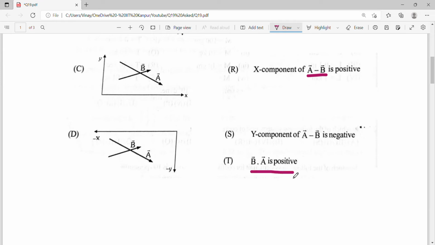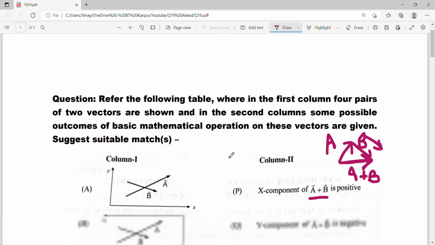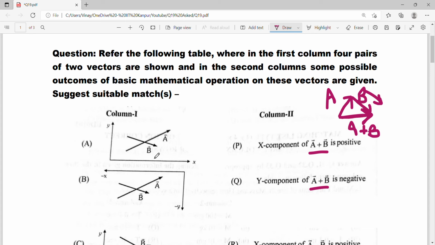Now, b dot a is positive or negative, right? How do you know? Vector b dot vector a is magnitude of b into magnitude of a into cos theta. So cos theta is positive when theta is acute, and cos theta is negative when theta is obtuse. So can you see in any option where the angle between a and b is obtuse?